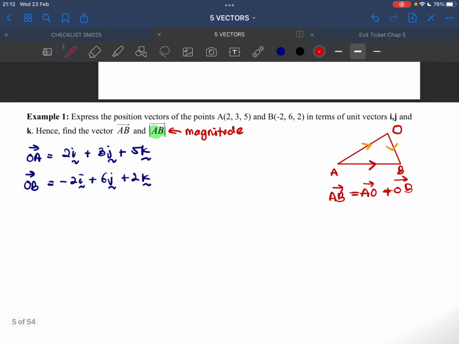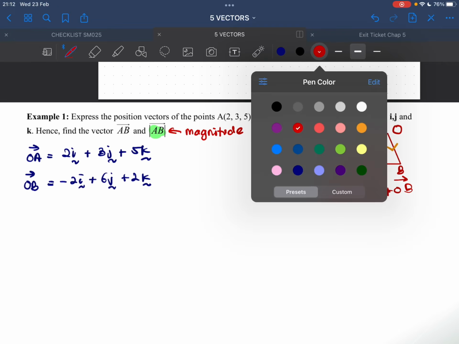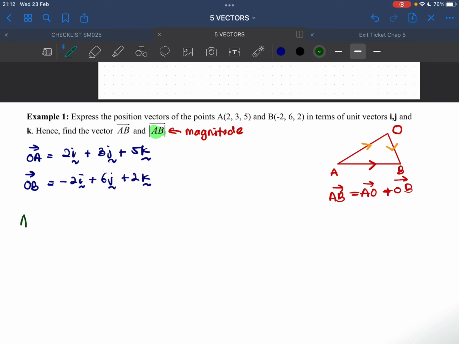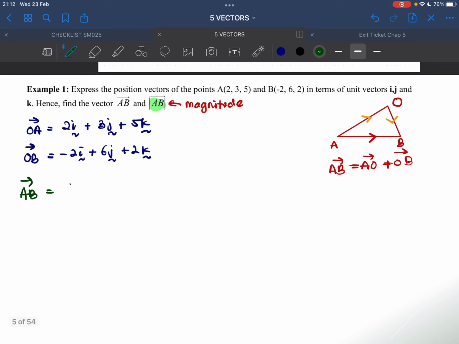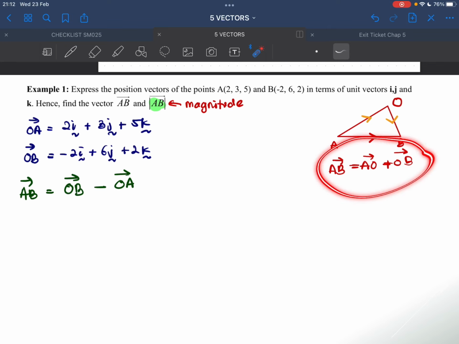The easiest way to do this, if you want to find the direction vector AB, is to start from the back, which is B. So to find the direction vector of AB, you do OB minus OA. Just go like that. You don't have to do the other way. So to find the direction vector, we have O back minus O front.